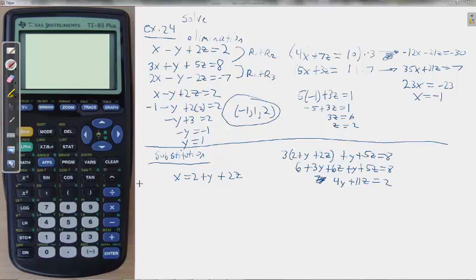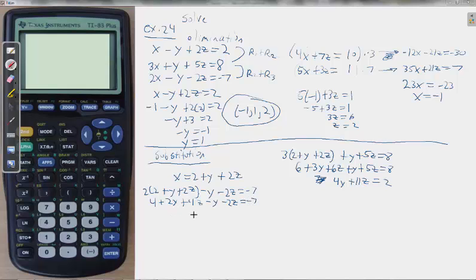Say plug that into the other one, so 2 times 2 plus y plus 2z minus y minus 2z equals negative 7. So that's 4 plus 2y plus 4z minus y minus 2z equal negative 7.